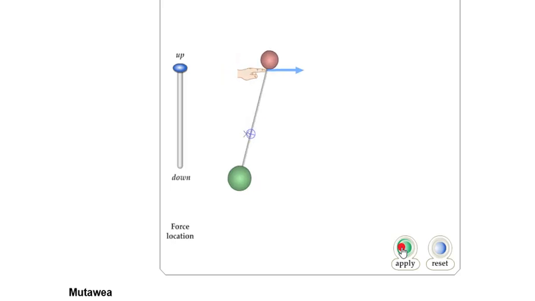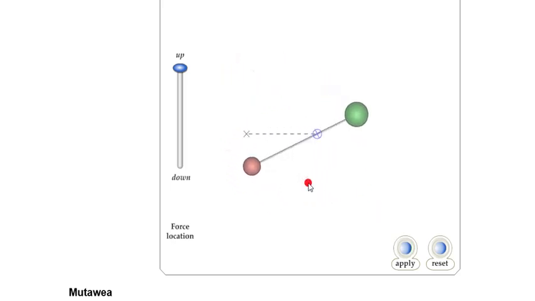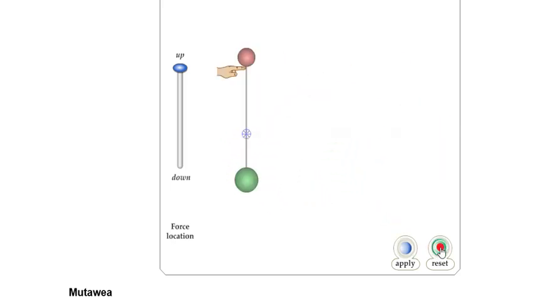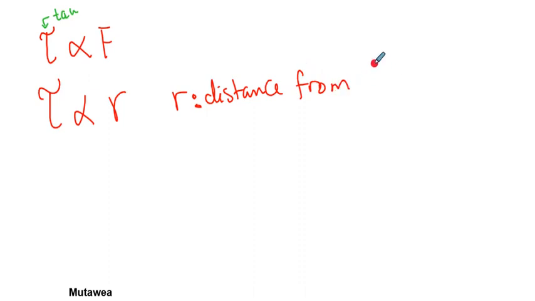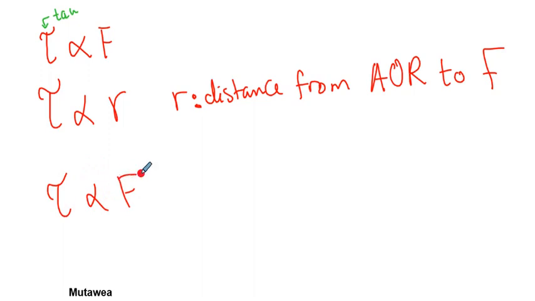In this case, it will rotate faster. So we can conclude that torque is directly proportional to R, where R is the distance from the axis of rotation to the point where I apply force. So we conclude that torque is directly proportional to F and R together.